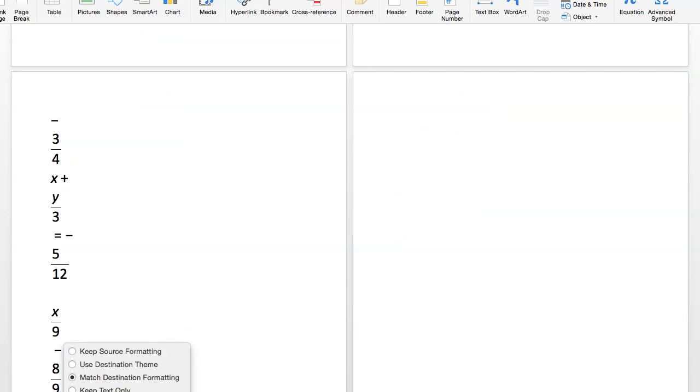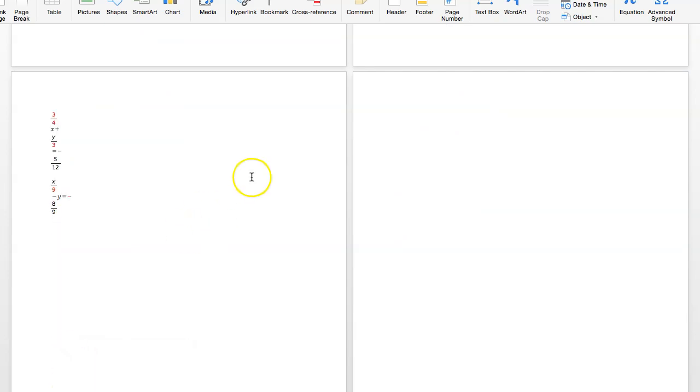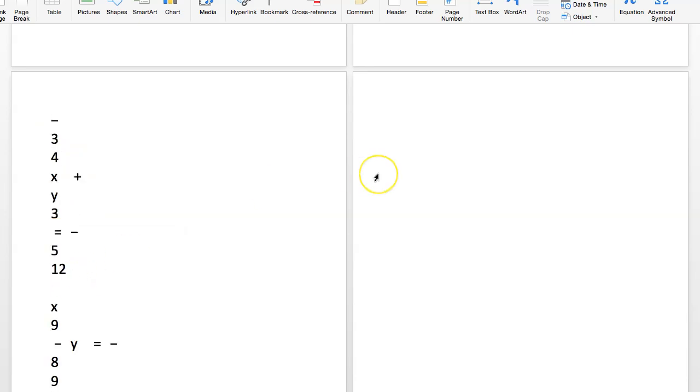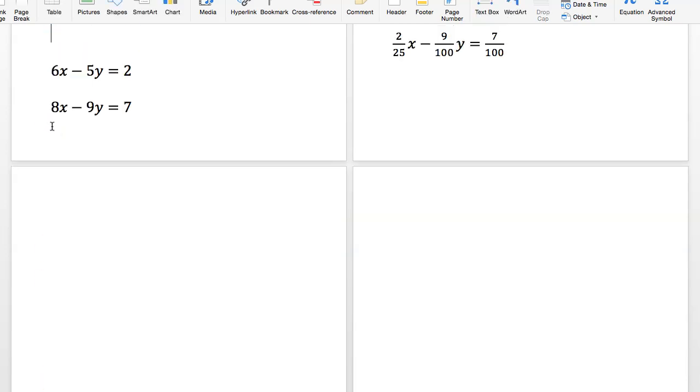I was hoping to copy and paste an example, but it's not going to work, so let me just get rid of it. I'll just have to remember.